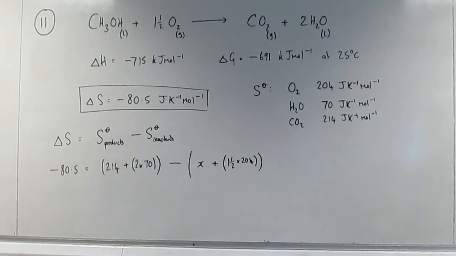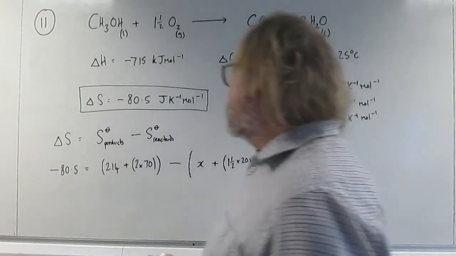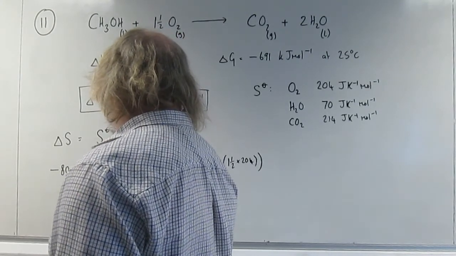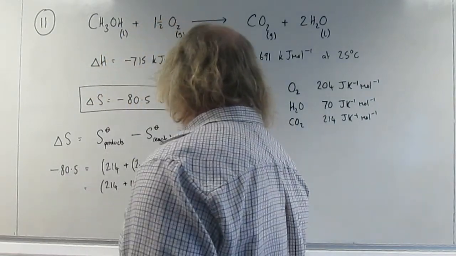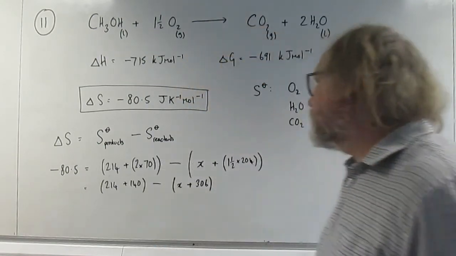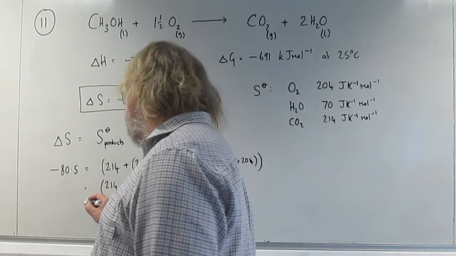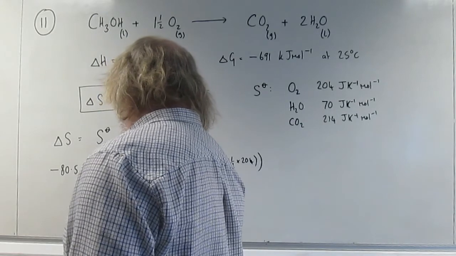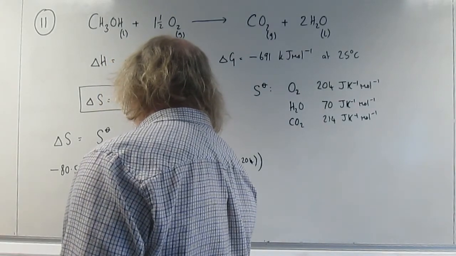And as always, the thing to do is do it in as many stages as you need to make sure you don't slip up. Don't feel you have to do lots in your head or whatever. You know, it's better in the end to take a few more seconds to work it out carefully. So we get that that is equal to 214 plus 140 minus X plus 306, which is equal to 354 minus X minus 306.